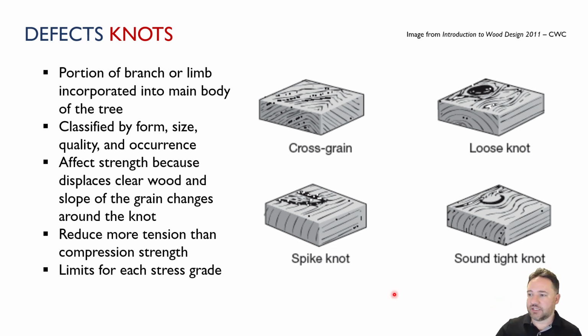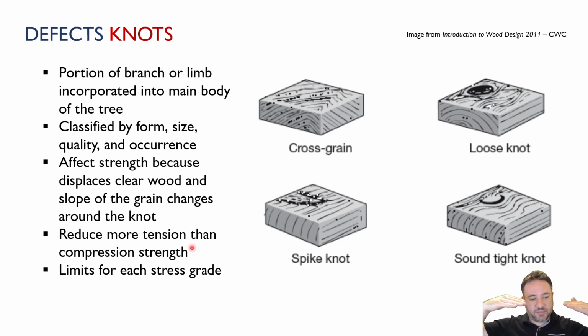And the grain, as you can see in these pictures, when we have a knot, the grain kind of deflects around the knot. But now we have a section here that basically doesn't have strength. So we've effectively reduced the effective cross-sectional area. There are different kinds of knots, but one of the key points here is that since it is reducing that net area, it's going to reduce the tension strength more than the compression strength.